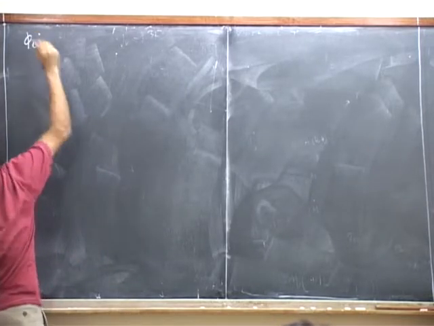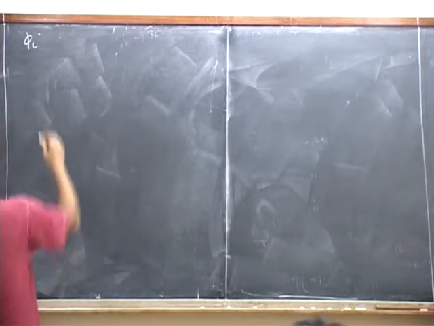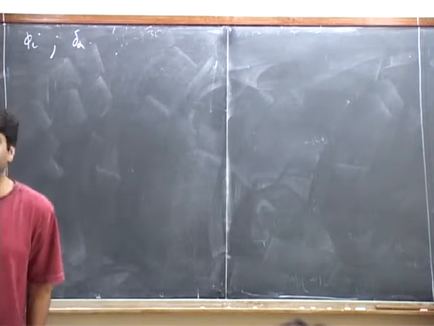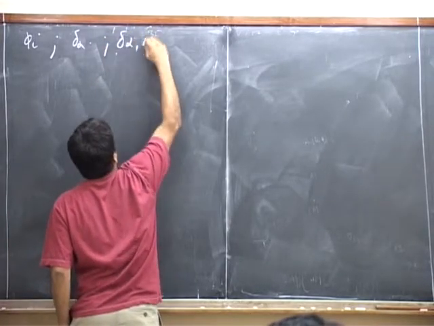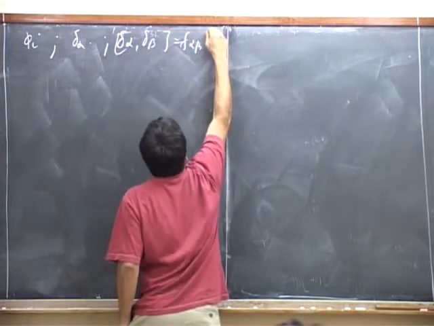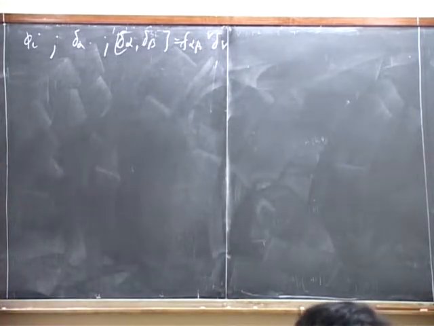You remember that we supposed we have fields phi I, and that there's a gauge symmetry generated by delta alpha. Delta alpha acts on phi I to give some function of phi I. The commutator of delta alpha and delta beta is equal to f alpha beta gamma delta gamma, where f alpha beta gamma are the structure constants of the theory.